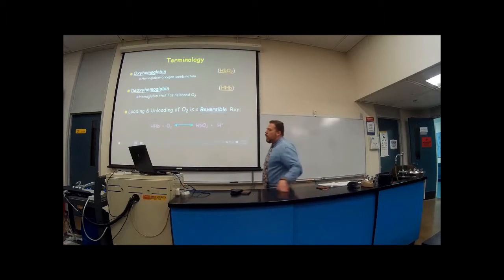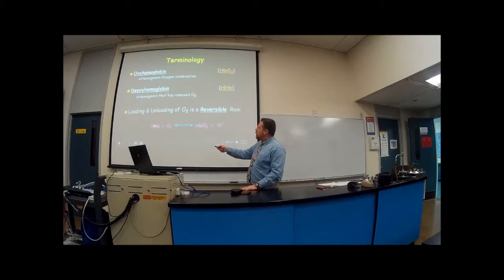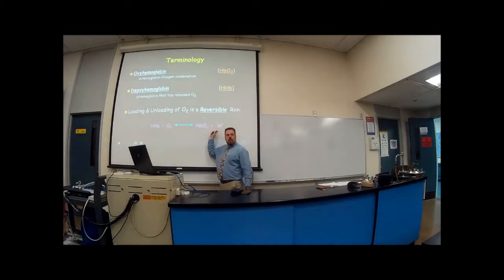So the loading and unloading is a reversible reaction. Oxygen could come on here and knock off a hydrogen. Right? So now we've got oxyhemoglobin here. Hydrogen comes off. We're going to get back to that.